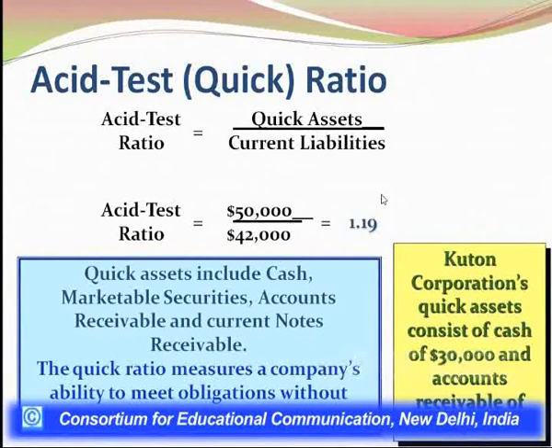Now let's have a discussion on the liquid condition of the company. We have two important things in hand. One, the current ratio is 1.55:1, and your quick ratio is 1.19:1, right?